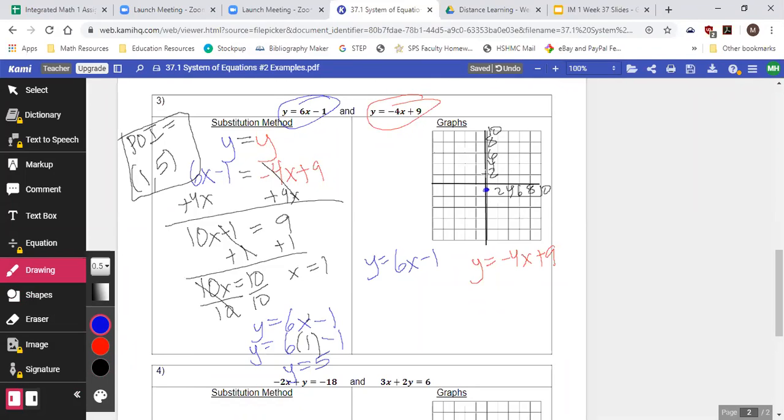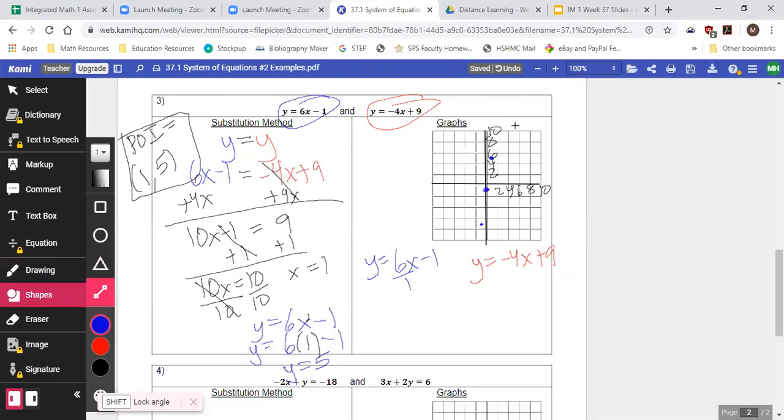So 1, 2, 3, 4, 5, 6, and then 1 to the right. Then I go down 6. So 1, 2, 3, 4, 5, 6, and 1 to the left. Because my change in y over my change in x is up 6 and to the right 1. Now we can graph our equation by connecting our points.